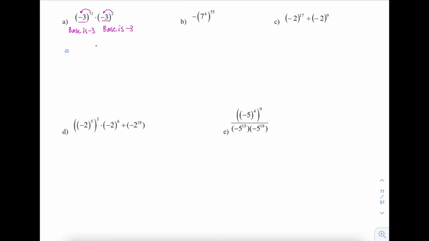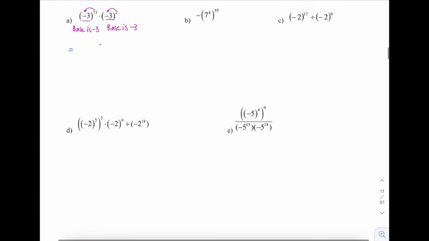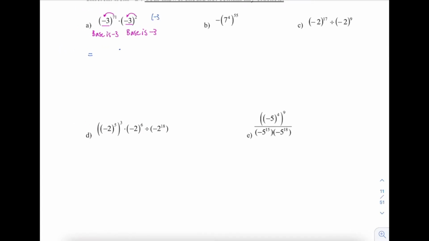I know that -3 to the power of 2, because that is even, I can write it as 3 to the power of 2, because I know my power in the end will be a positive quantity. Conversely, I know that -3 to the power of 71 is going to be overall negative. So I'm going to write the power as -3 to the 71 with the negative on the outside.